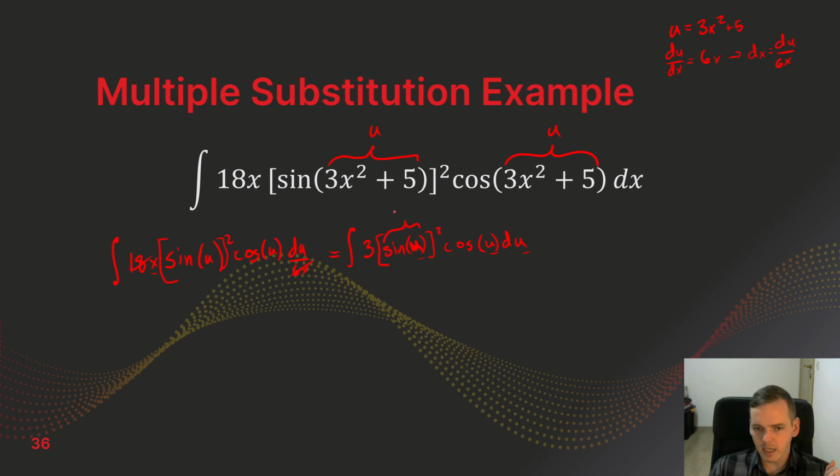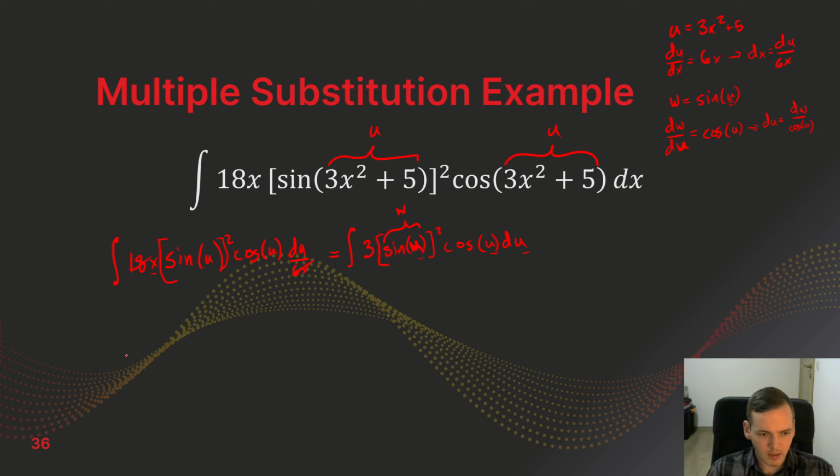Sine of u is inside the squared, so let's call that w. So come back up here, I'm going to say w equals sine of u. That means dw over du, because again, now we're working in terms of u, the derivative with respect to u, is going to give me cosine of u, and that means that du should equal dw over cosine of u.